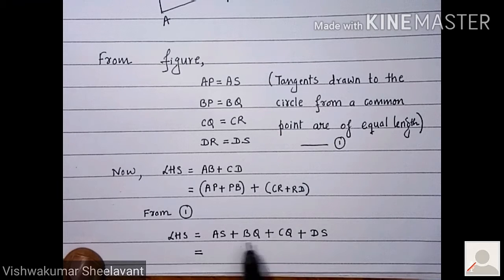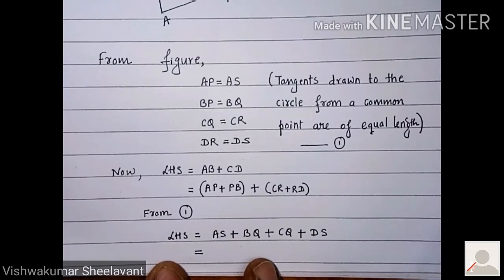You have to combine the two terms here such that you will get the sum equal to AD plus BC. What is AD?